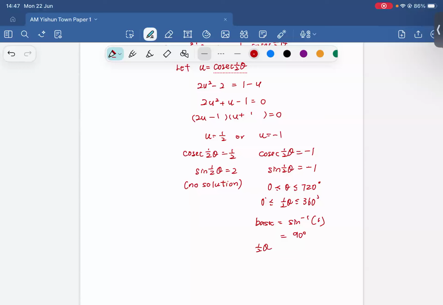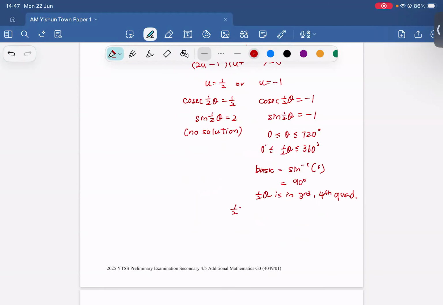Because this number here is negative, half theta is in the third and fourth quadrant. So the third quadrant is actually pi plus, 180 plus 90, or it can also be 360 minus 90. Both of them give me 270. So theta is just equal to times 2, 540 degrees.